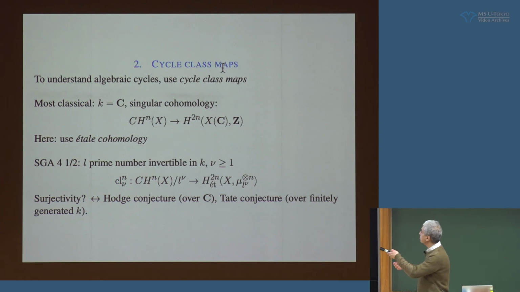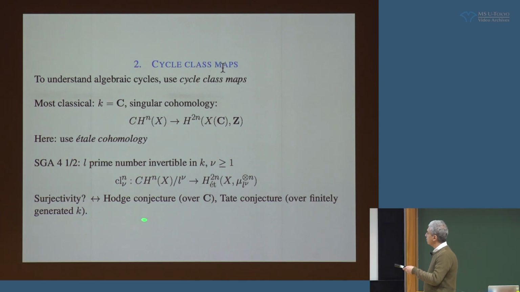So we take a prime number l which is different from the characteristic of K. And then in SGA 4.5, there's a cycle class which is constructed, which goes from the Chow groups of X modulo a power of l to some étale cohomology group.